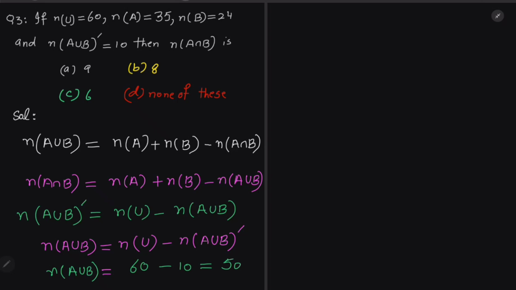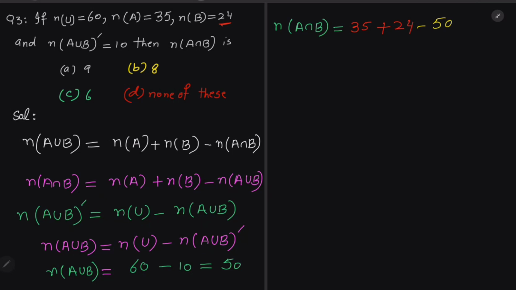Now, the only thing left is to put that value over here. So n(A intersection B) is what is required in this question. The number of elements in A is 35, plus the number of elements in B is 24, minus the number of elements in A union B, which is 50.